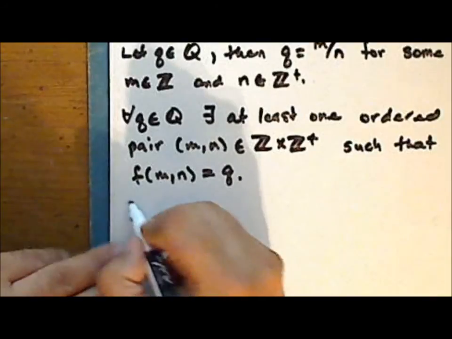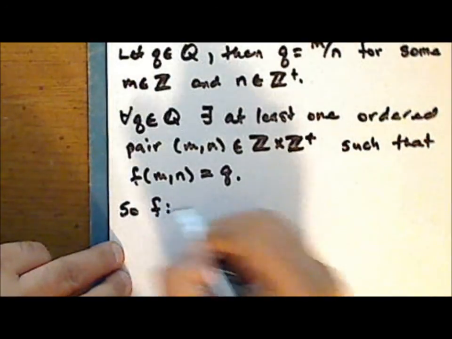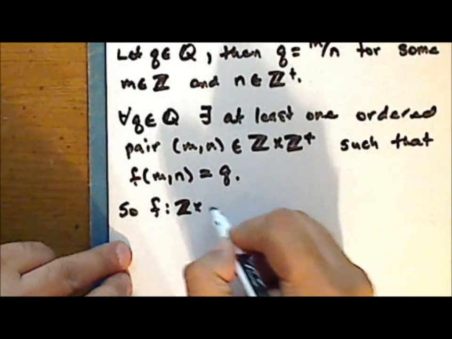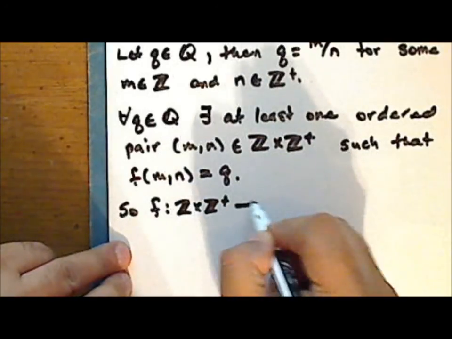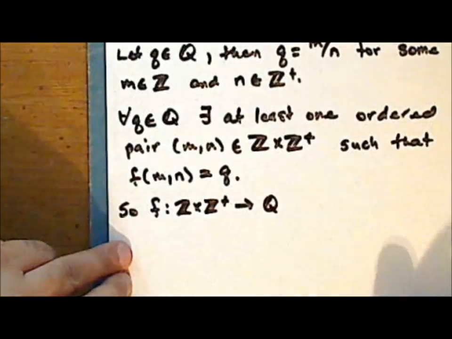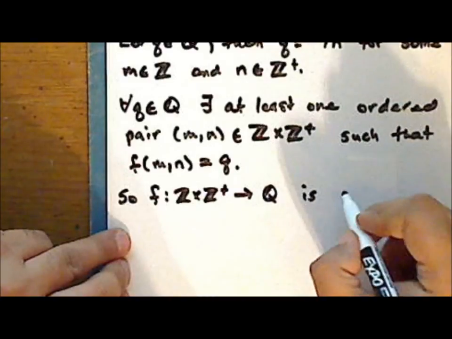And so we have demonstrated that the function f, mapping the product of the integers with the positive integers onto the set of rational numbers, is surjective.